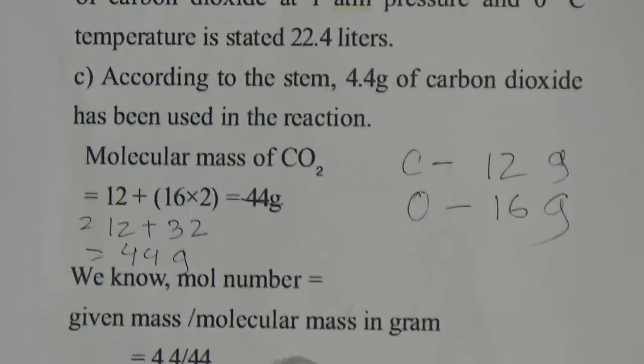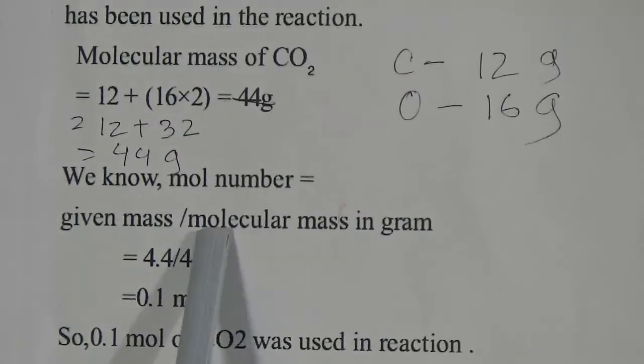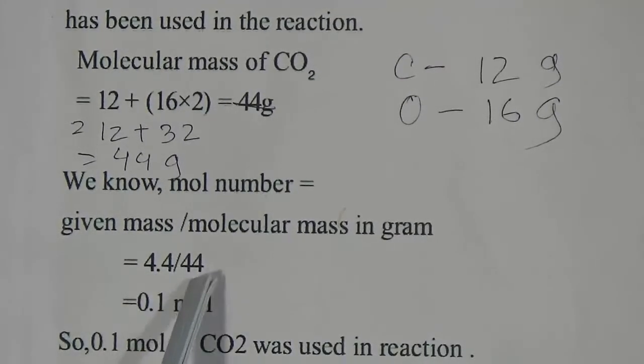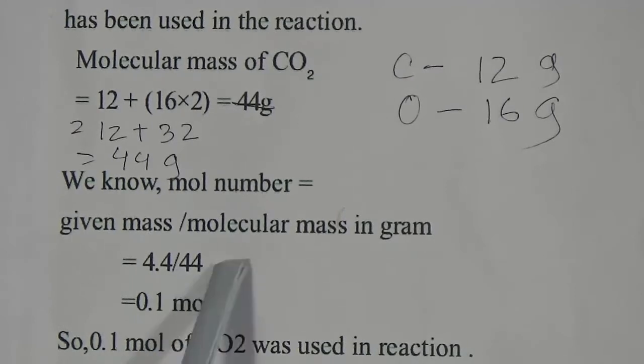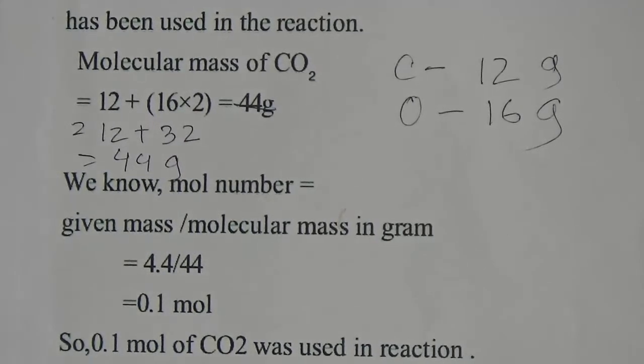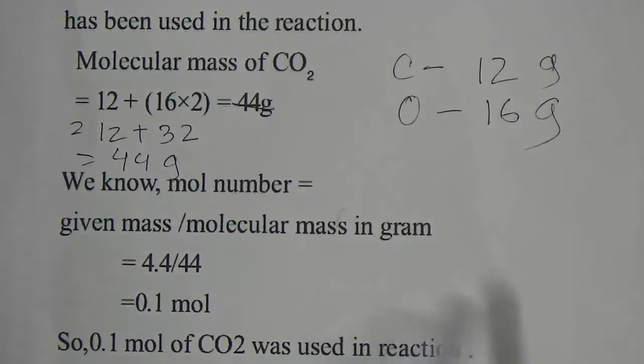Now we know mole number is given mass divided by molecular mass in gram, that means 4.4 is the given mass divided by molecular mass 44, and that will be 0.1 mole. So 0.1 mole of carbon dioxide is used in the reaction.